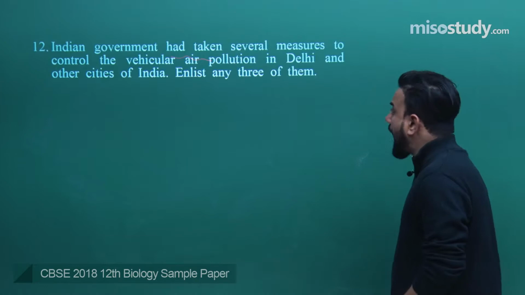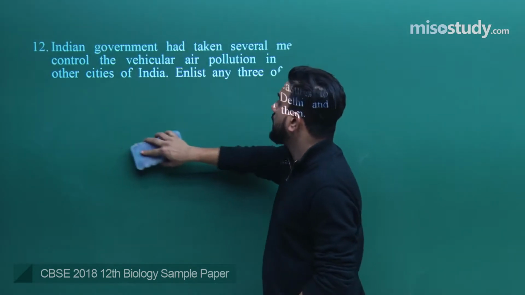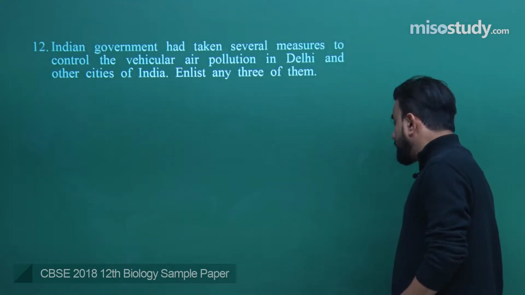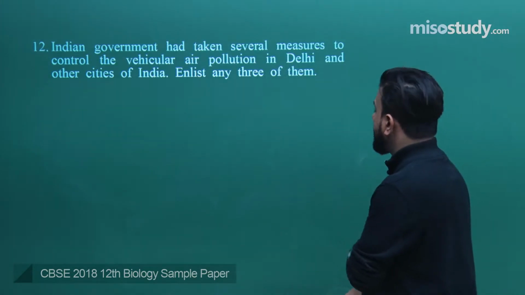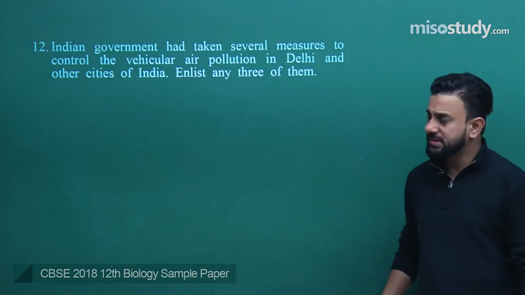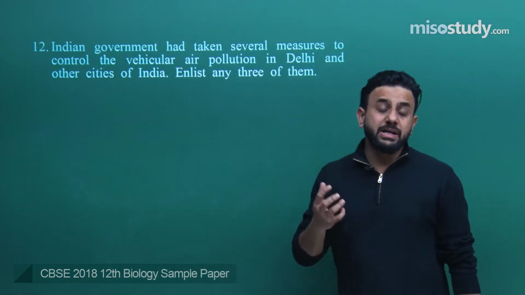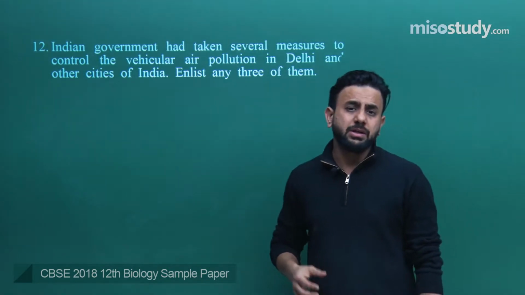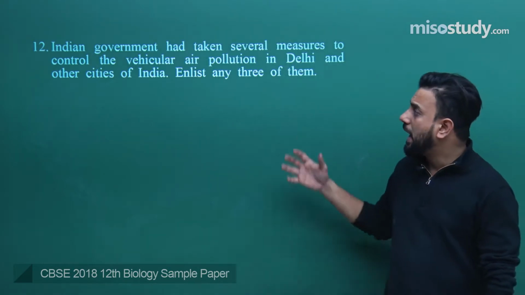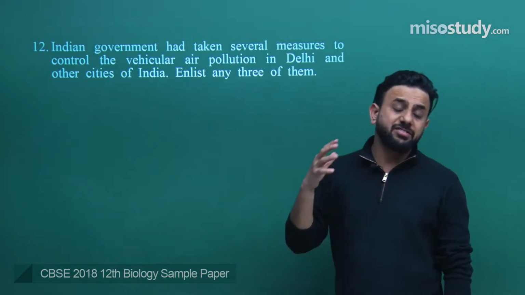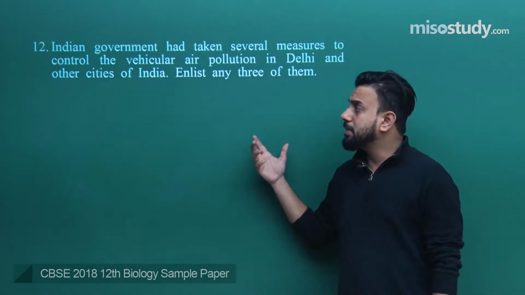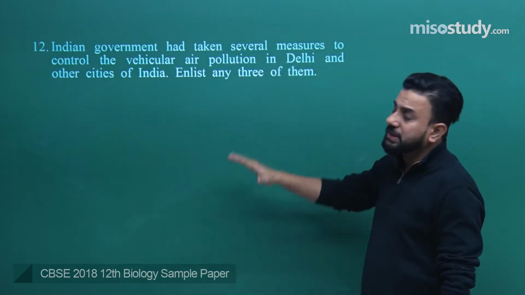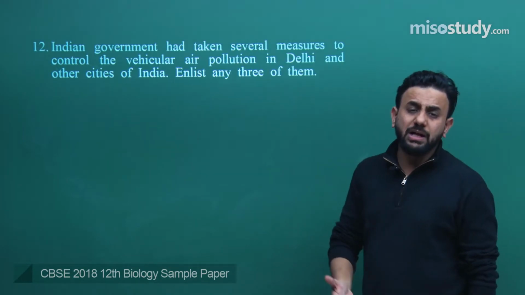The Indian government had taken several measures to control the vehicular air pollution in Delhi and other cities of India. Enlist any three of them. Yes, they say that there has been a lot of pollution in Delhi, and the Indian government has taken many measures to restrict the pollution level in Delhi. What are the measures?